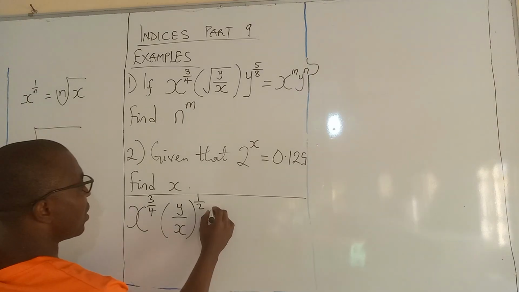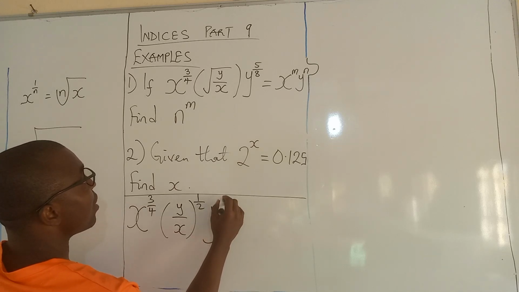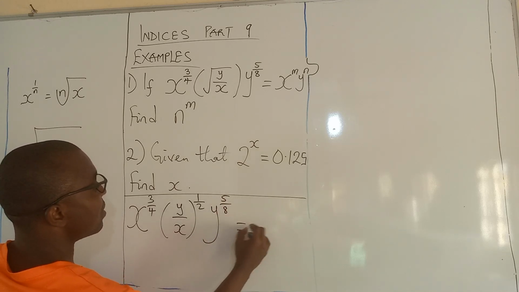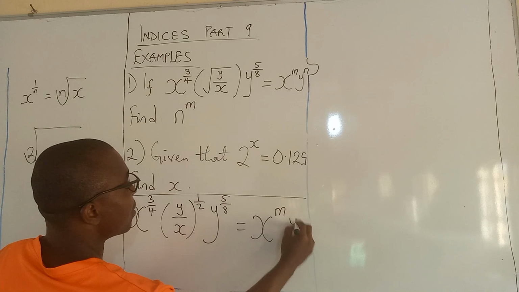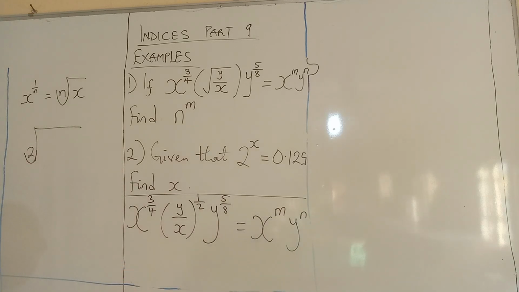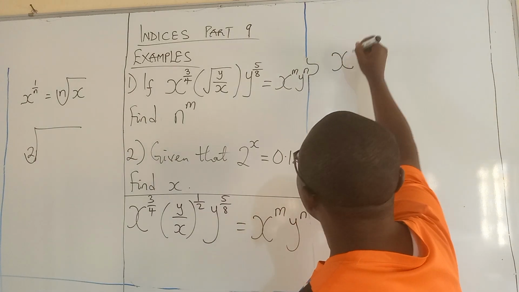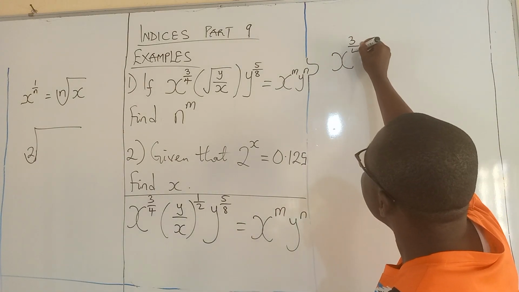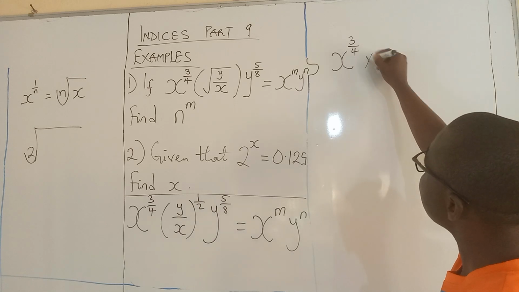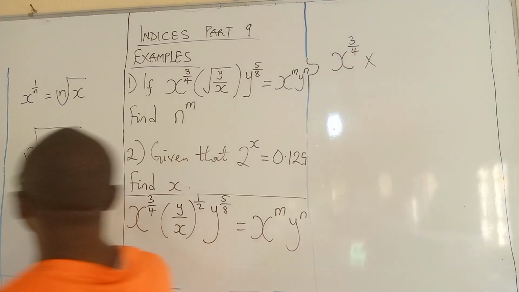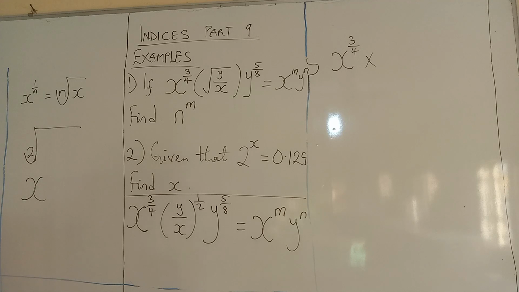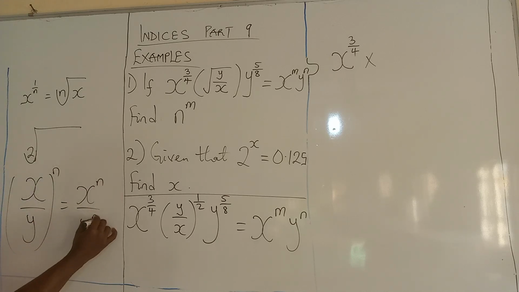And then over to the next one, that is times y raised to the power of 5 over 8, and then that's equal to, all right. Let's continue from this other side. This will give us x raised to power 3 over 4 times, still from our knowledge of indices, if you have x over y raised to power n, it is the same thing as x to power n over y to power n.